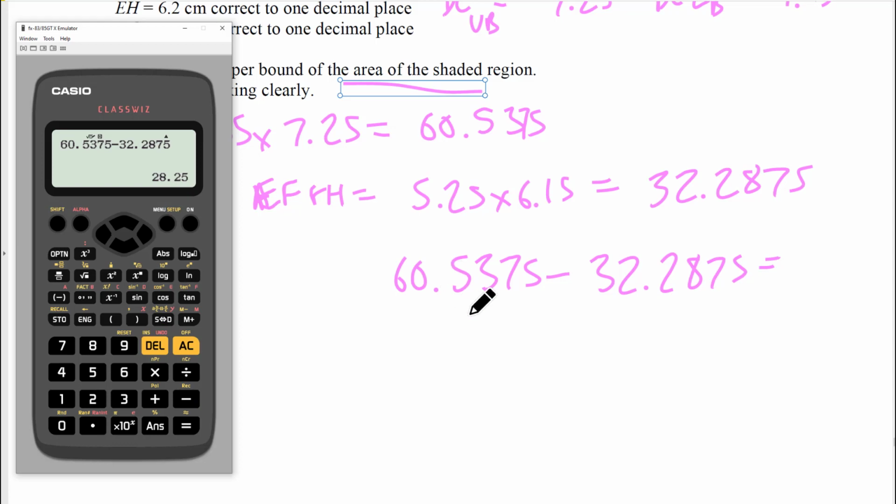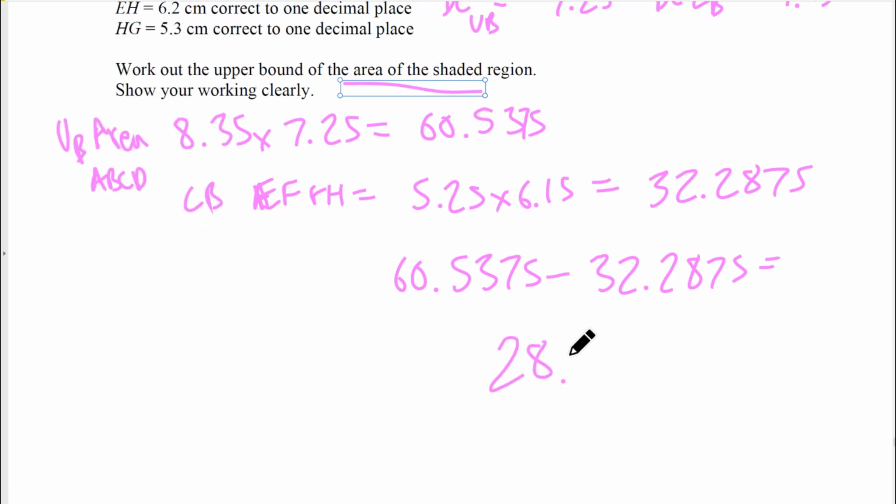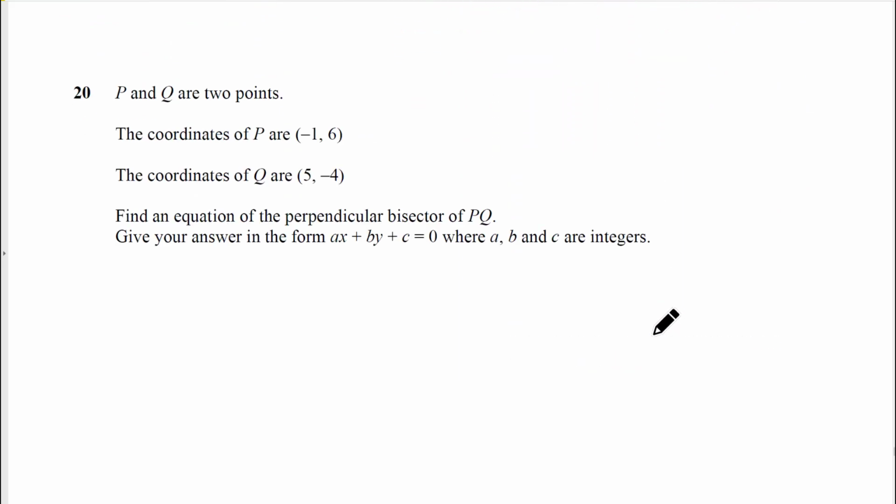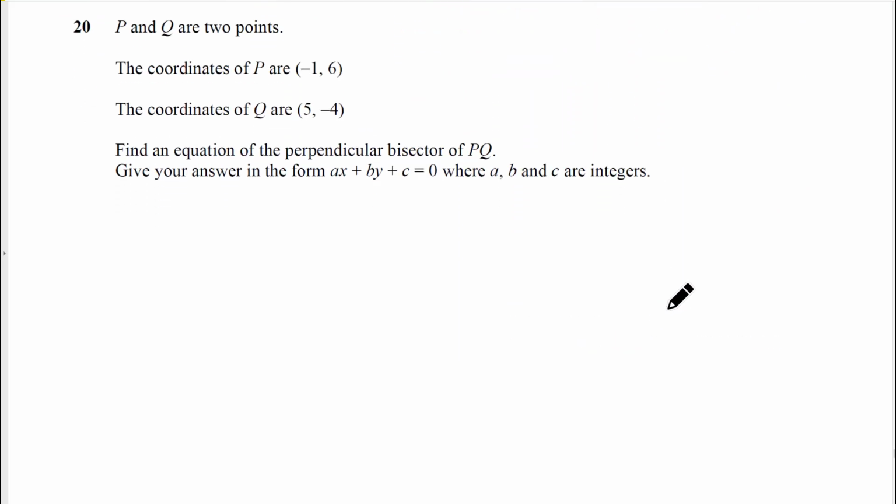Equals 28.25, and it's centimetres squared. That's another 3 marks and easily doable. Question 20.